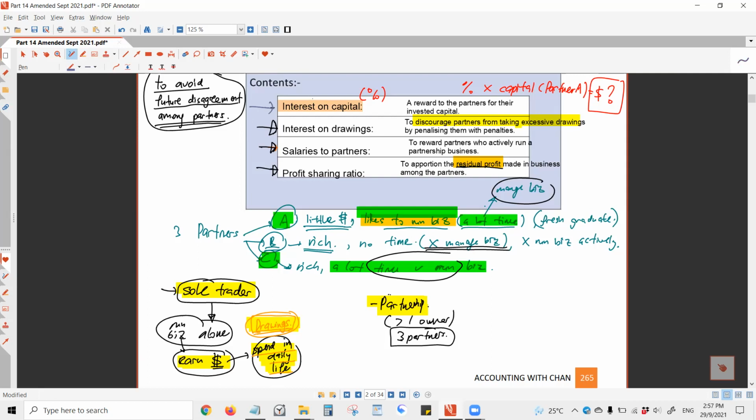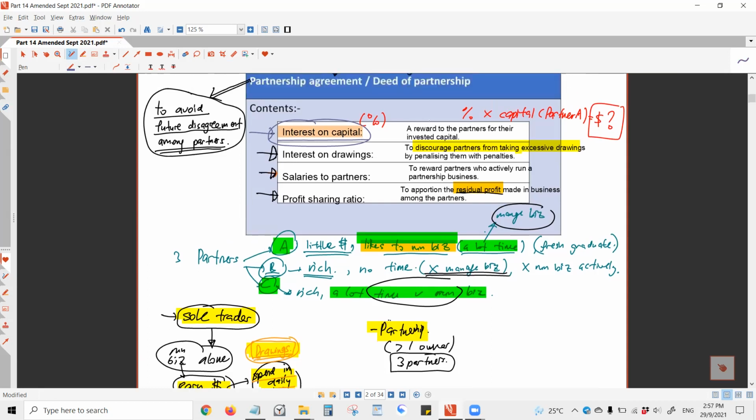You can try to think of it this way: interest on capital is used to substitute the drawings because drawings are discouraged. So these 4 contents must be remembered, and also the purposes you must remember.